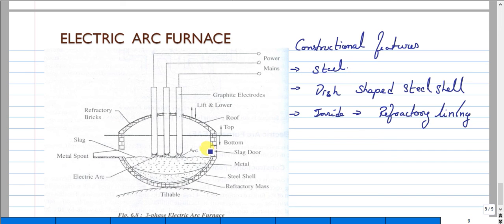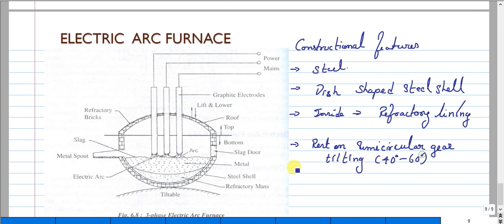Okay, and the dish will rest on a semicircular gear arrangement to facilitate the tilting. So it will rest on the semicircular gear, in order to provide tilting, so the angle will vary from 40 degree to 60 degree.